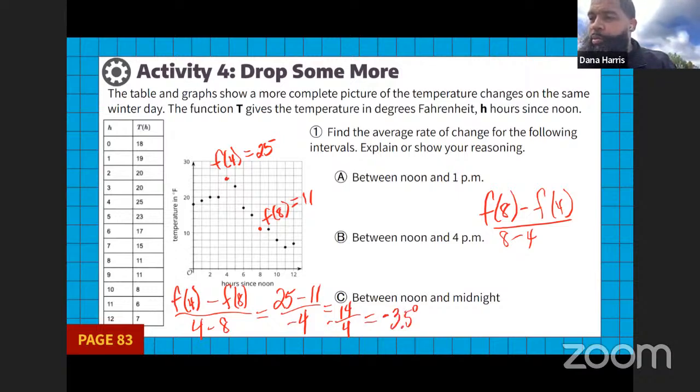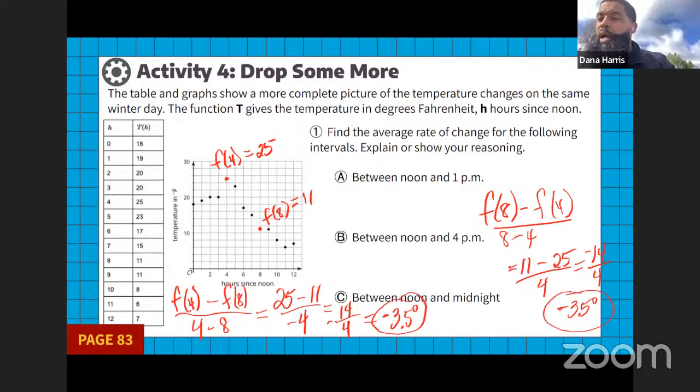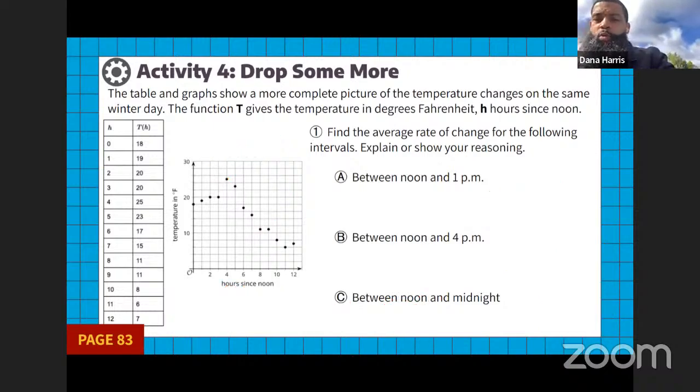We can do the same thing up here. f of 8 is 11, f of 4 is 25, and then 8 minus 4 is 4. 11 minus 25 is negative 14 over 4, and it's exactly 3.5 degrees per hour. And that is a decrease because it is a negative number. All right, so that's activity 4.